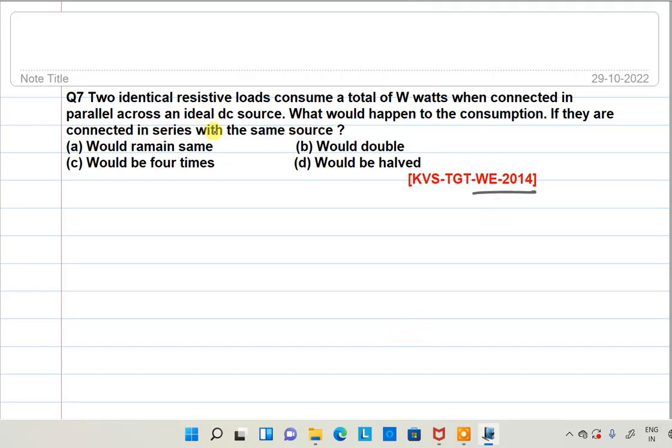Two identical resistive loads consume a total power of W watts when connected in parallel across an ideal DC current source. That means two identical resistive loads, and here the current source is I. The two identical resistive loads consume a total of W watts when connected in parallel, so these two are parallel.